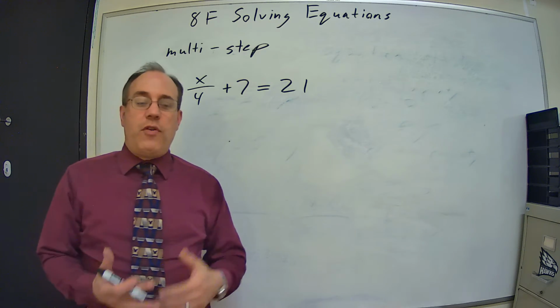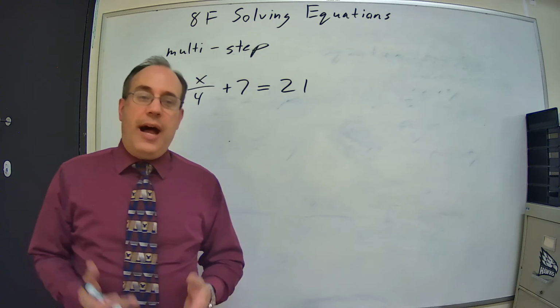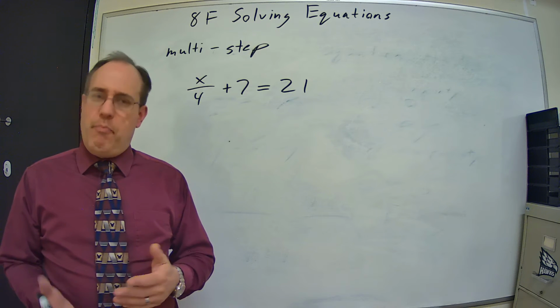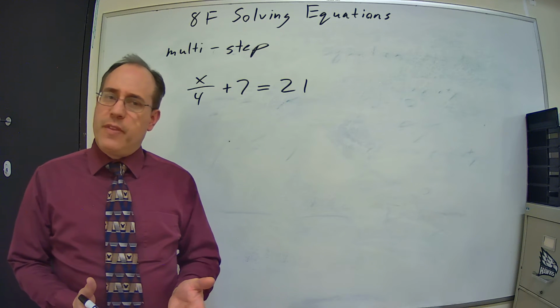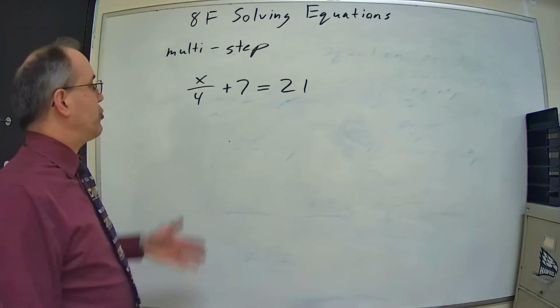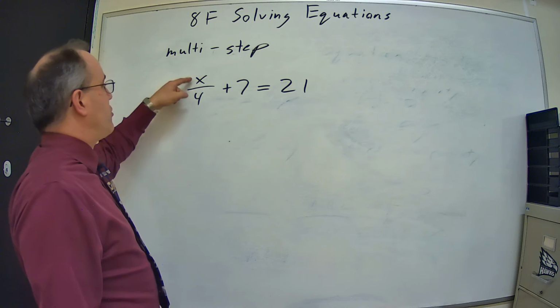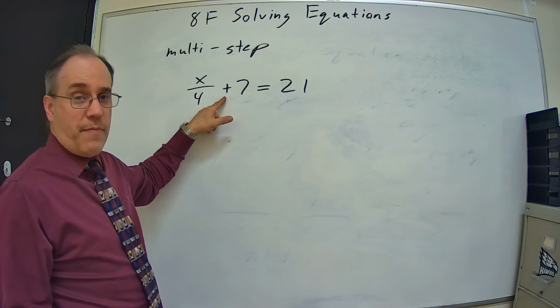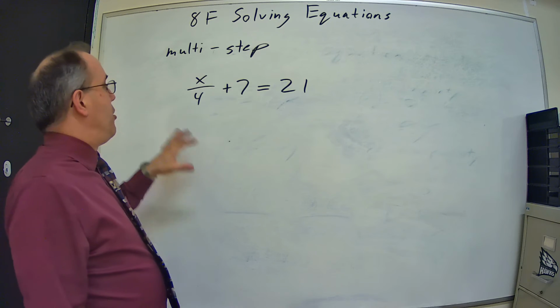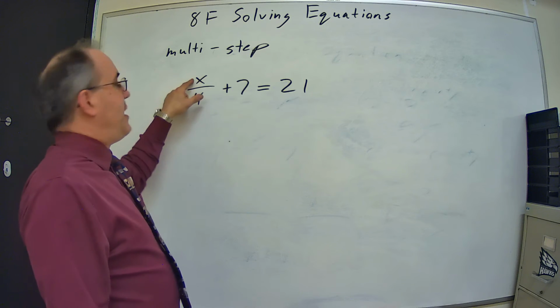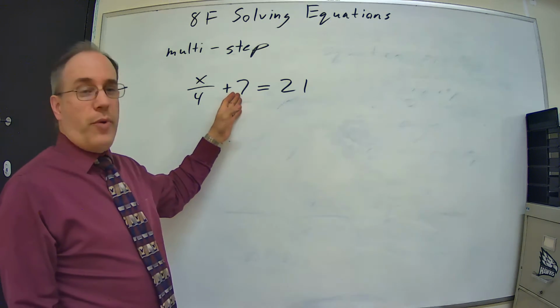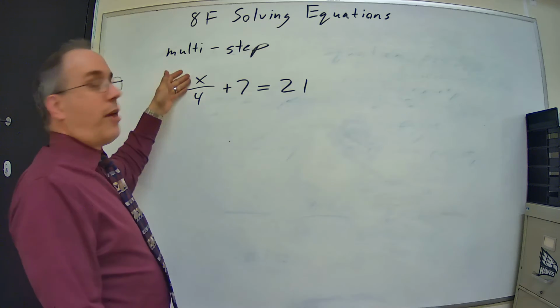Now, when I solve a multi-step problem, I think of order of operations, but I run it backwards. Meaning, if I were to actually go through and do a calculation, the first thing I would do is divide, because division comes before addition. But if I'm trying to get x by itself, I'm actually going to do the opposite. I'm going to take what's further away and get rid of it and work my way in.